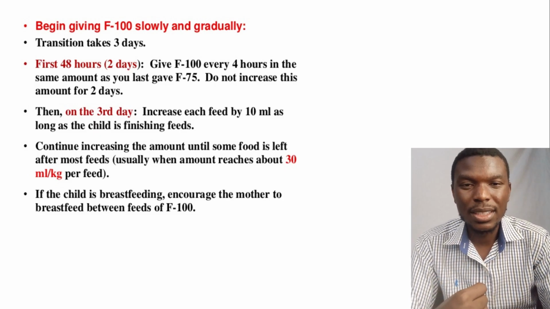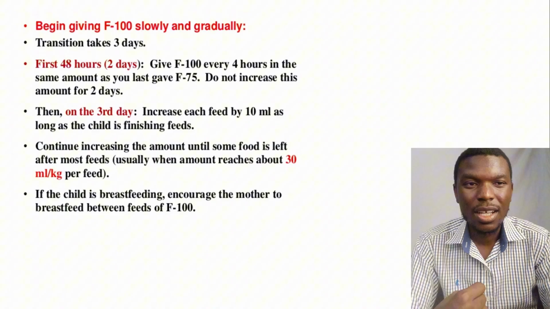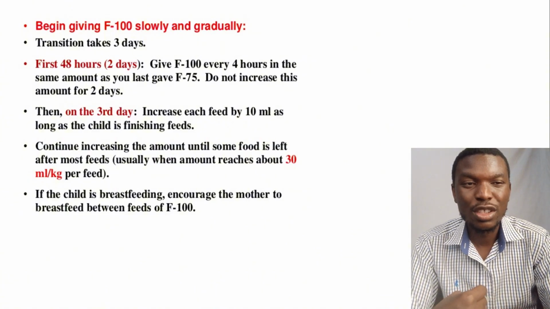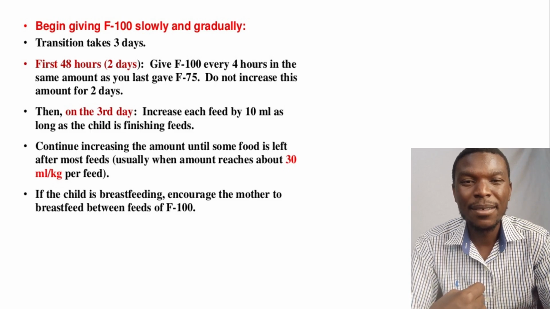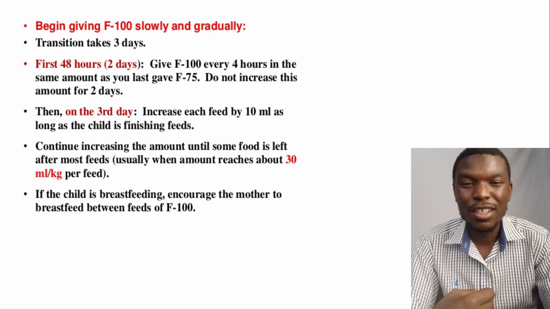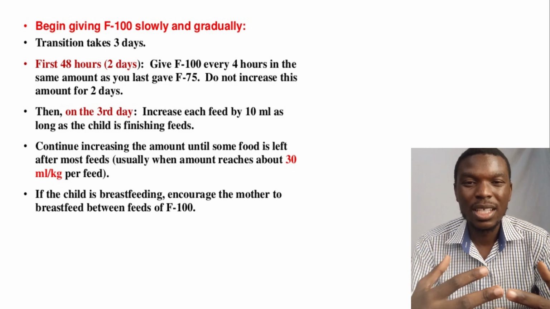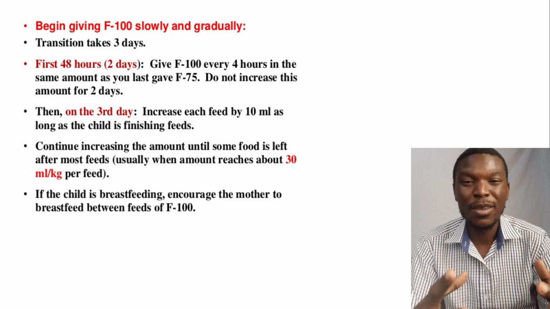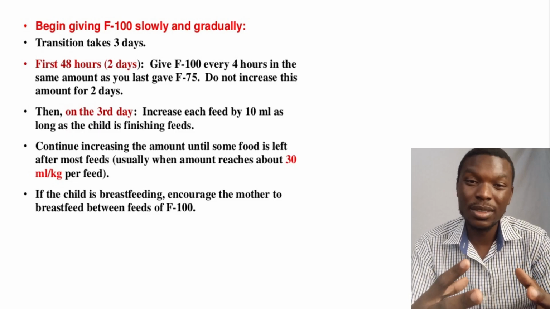So the first 2 days of giving this F100, you give it every 4 hours in the same amount as you gave the last F75. So let's assume you're giving this child the F75, you're giving this child 10 spoons.